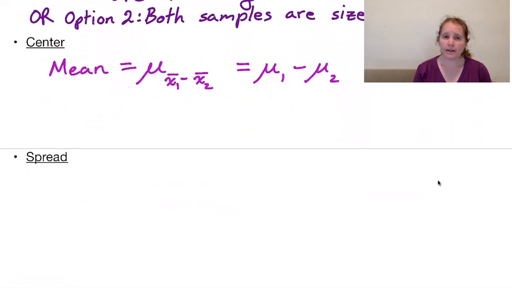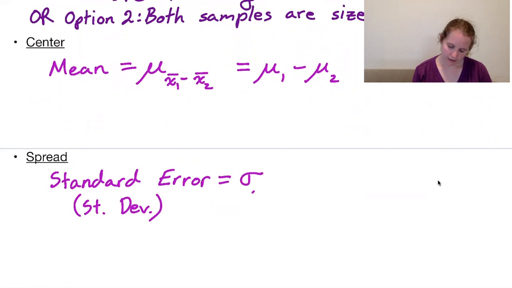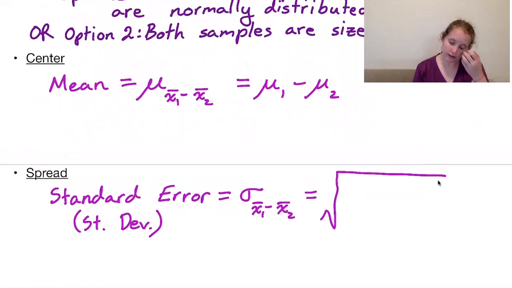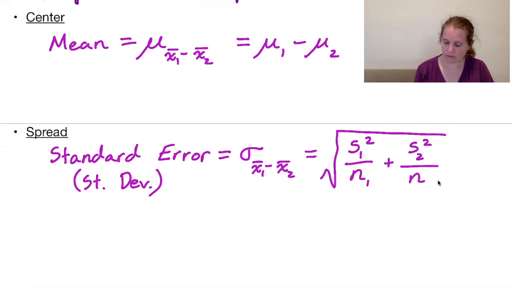For our spread, for our standard deviation or standard error, this is sigma sub x1 bar minus x2 bar. This is equal to the square root of S1 squared over N1 plus S2 squared over N2.